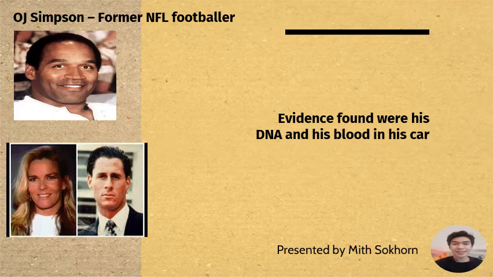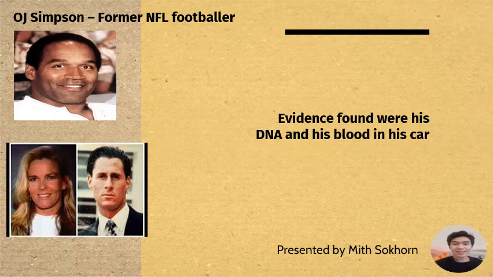To counter this mountain of evidence, Simpson assembled a so-called Dream Team that set about trying to create doubt about his guilt in the jurors' minds, and their case sought to cast doubt on the validity of the DNA evidence and the honesty of the police officers who investigated the murder.